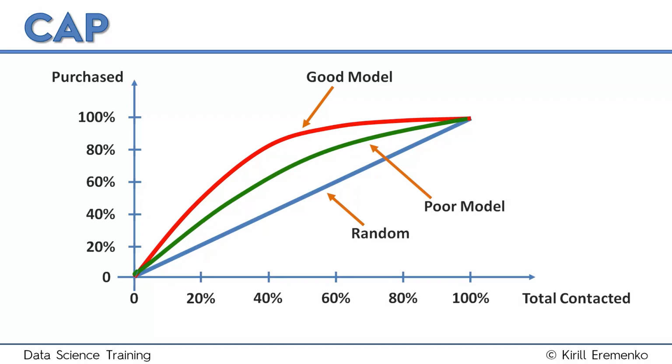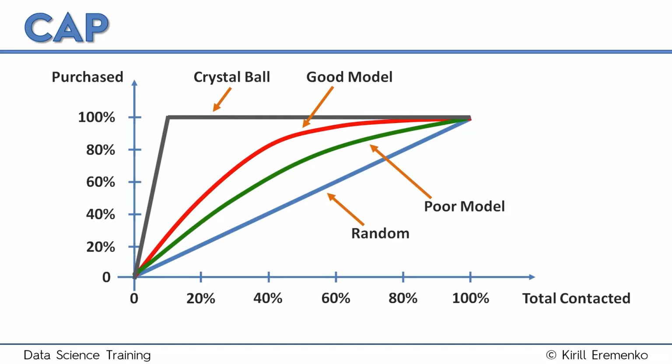And there's one more line that you can think of here, and it's this line. This line is the ideal line, and this is what would happen if you had a crystal ball. If you could predict exactly who is going to purchase and contact those people, this is what it would look like. Why? Well, if you look at the place where that spline occurs, you will see that it's exactly 10%.